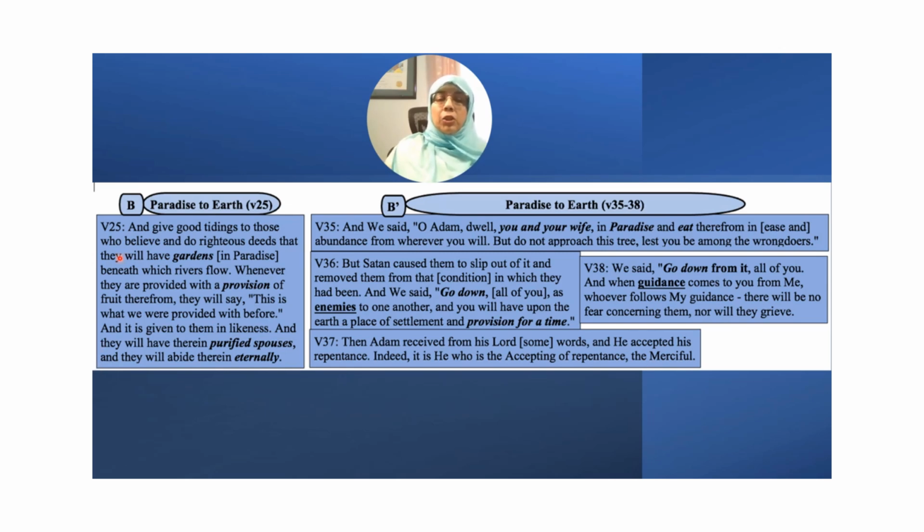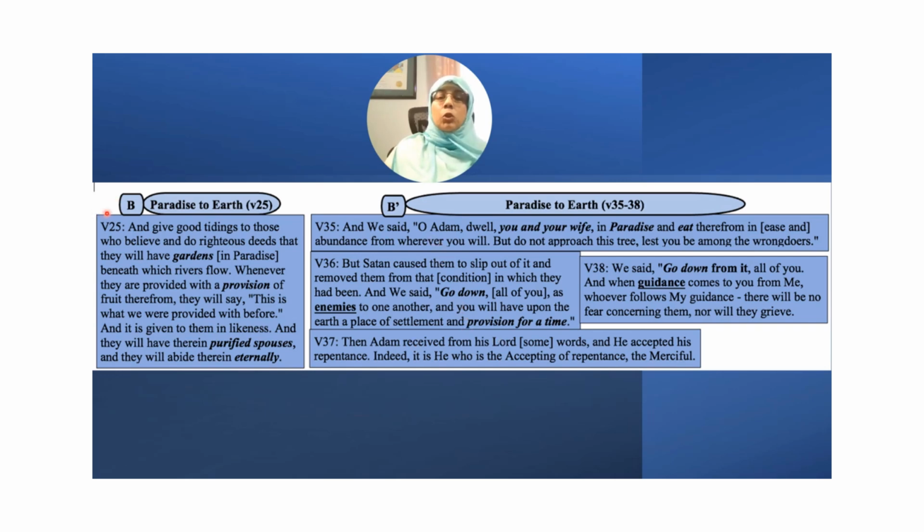So verse 25 points to the gardens, the abundance of provision, and purified spouses in paradise. And the other group of verses talk about the story that brought about Adam's descent from paradise.